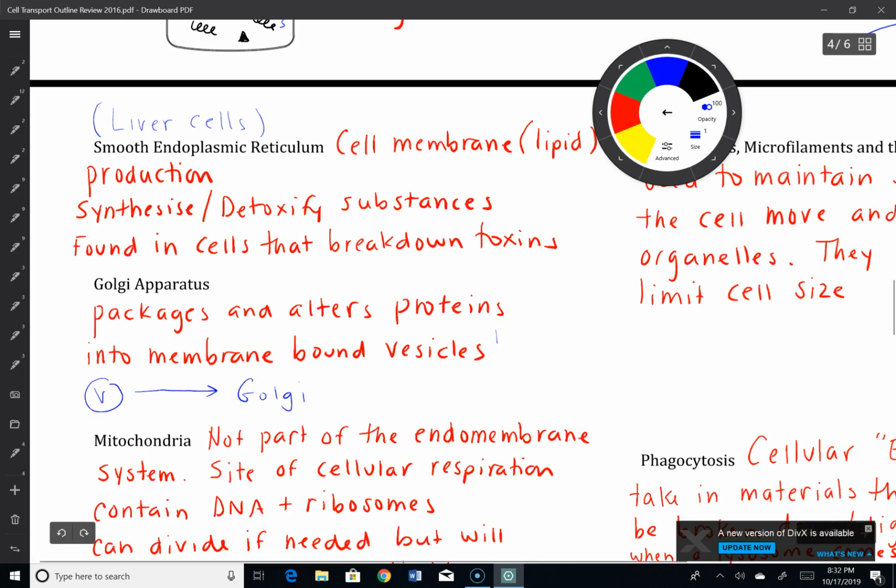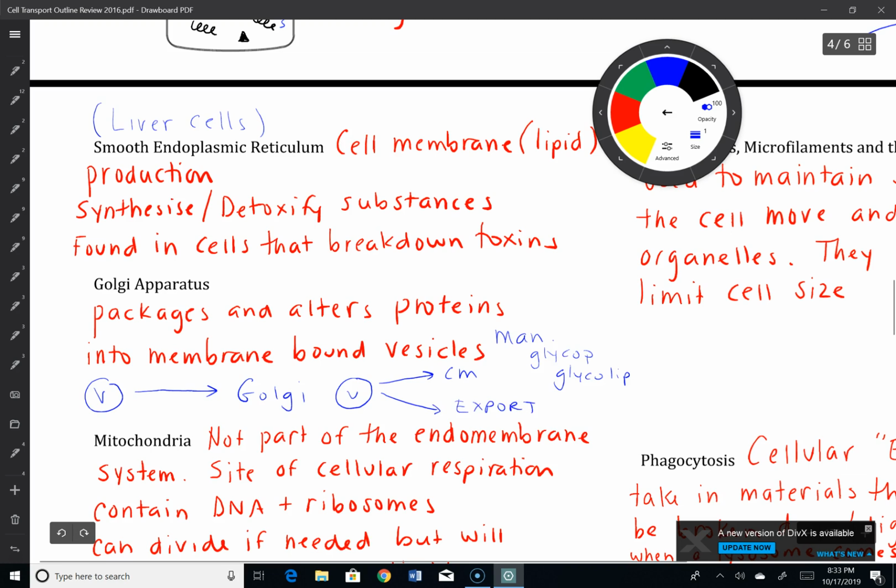It may also help manufacture glycoproteins, glycolipids. Anything that needs to be modified or created will happen there. In that case, a new vesicle will be made, where that vesicle will once again either be headed off to the cell membrane or for export.